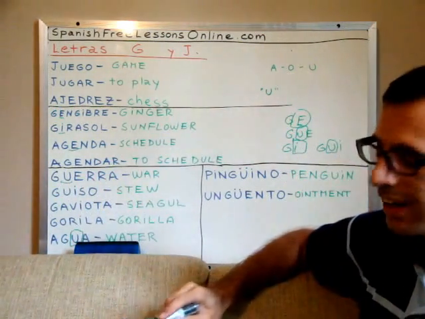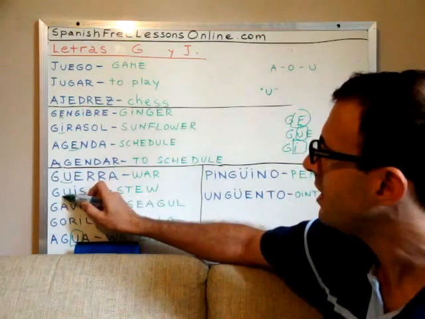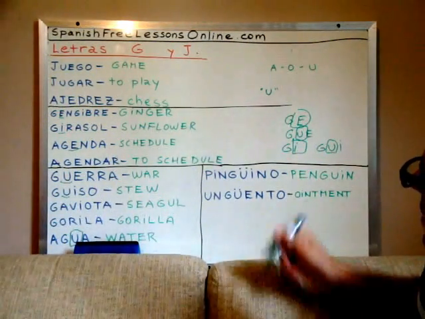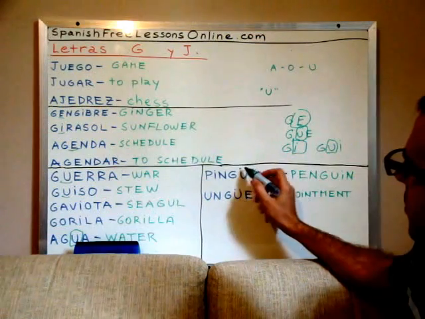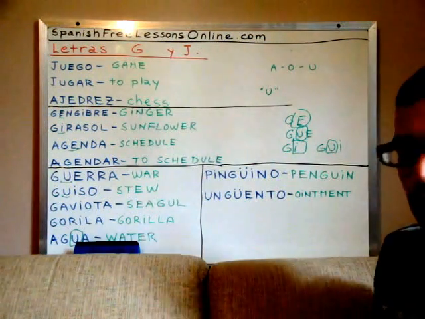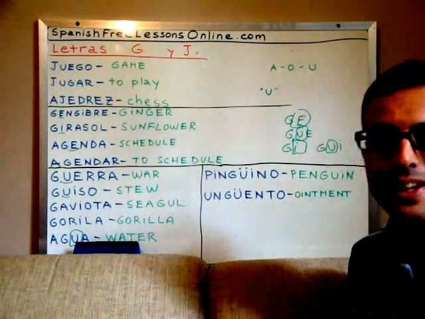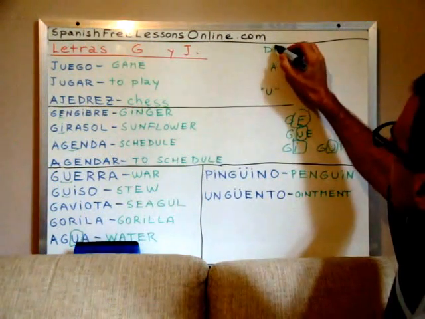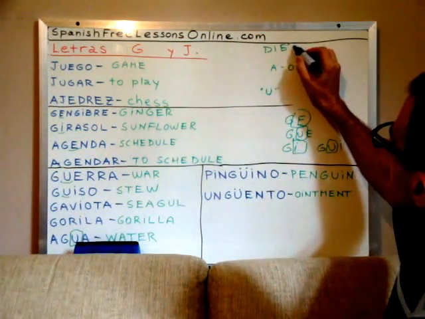This is guerra, guiso, muted U. So we use these two dots here on top of the U that in Spanish is called diéresis. Diéresis.